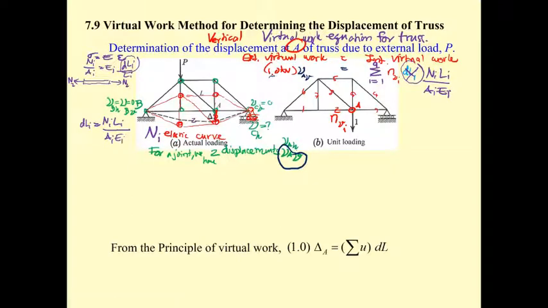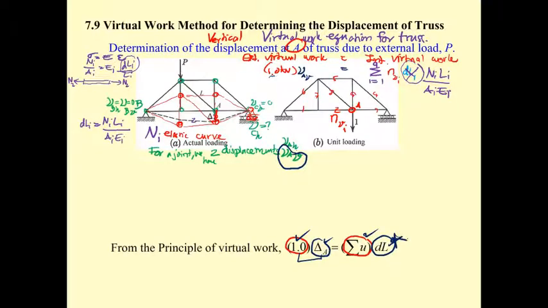You can record it. From the principle of virtual work, 1 unit force is applied at the point where we are looking for the delta, and this 1 unit force produces the internal force n, and the deformation is real. So the external virtual work, assumed force times the real displacement, equals the internal force due to the assumed 1 unit force times the real deformation.